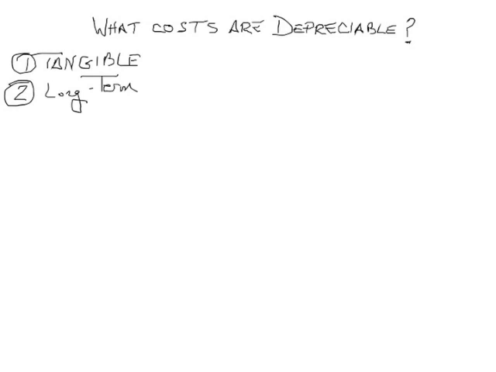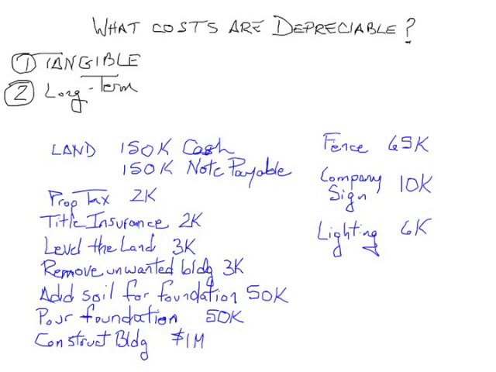So number one, once it's tangible and you know it's long-term, what exactly is a depreciable cost of that long-term tangible asset? It's not as easy as you think. So I'm going to give you an example. Here is some data about some land we just bought.